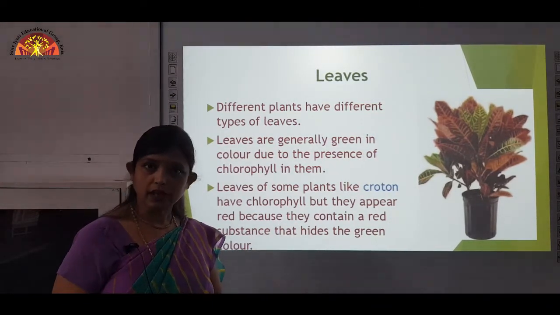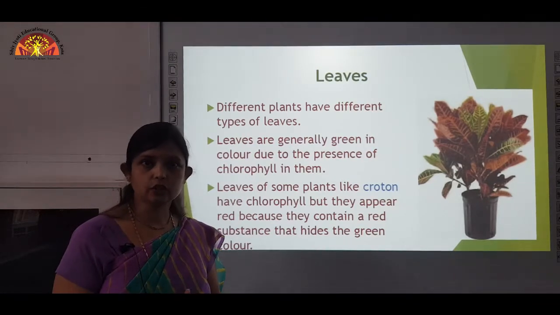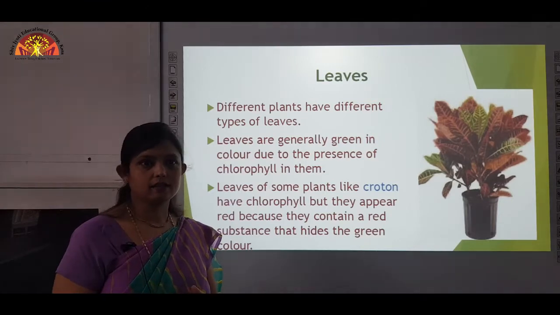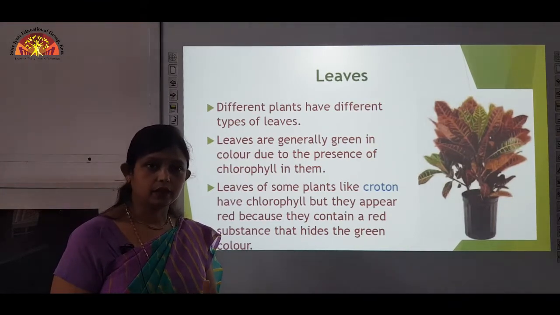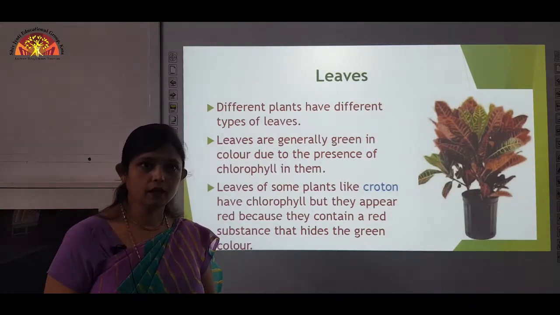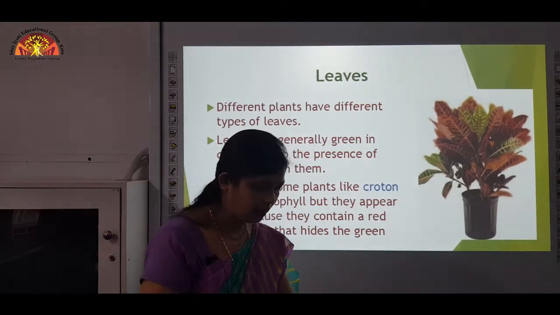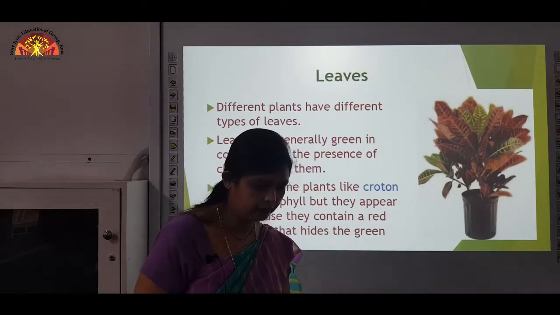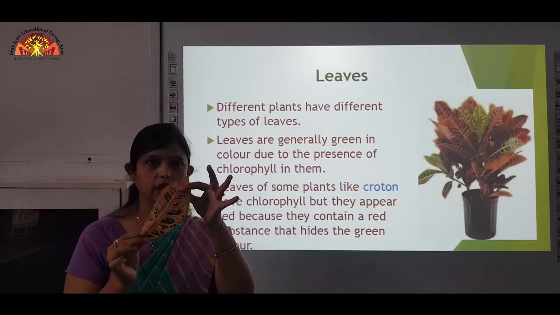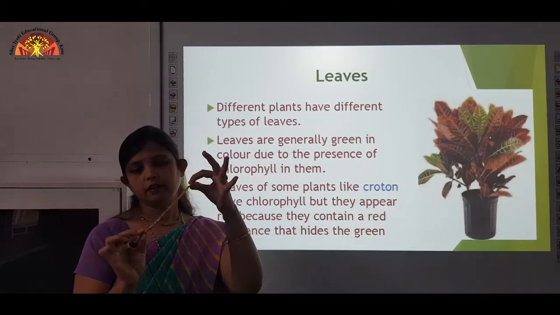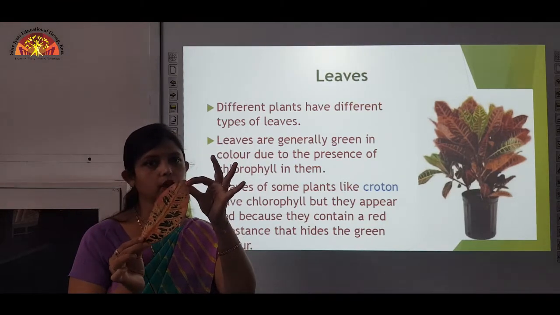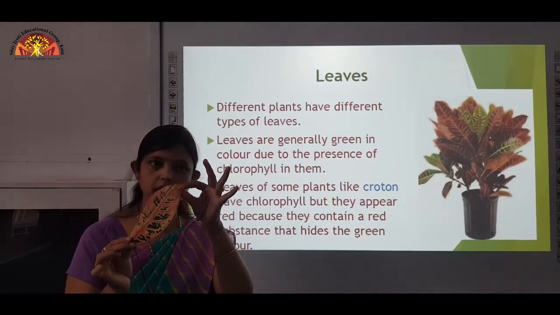Because although they have chlorophyll, in addition to that they have a red colored substance also, and this red substance is more in quantity, so these leaves appear red. Now have a look at this leaf shown here. This is a croton leaf and you can see reddish patches and green patches. This reddishness is due to the red colored substance present in it.